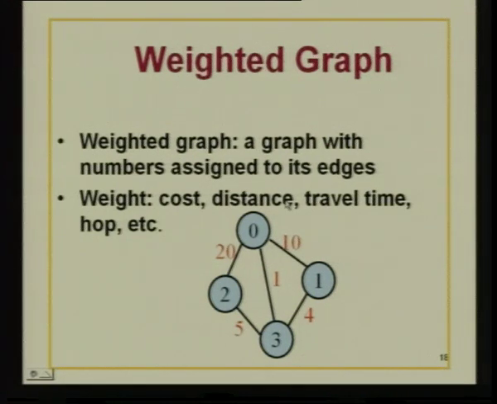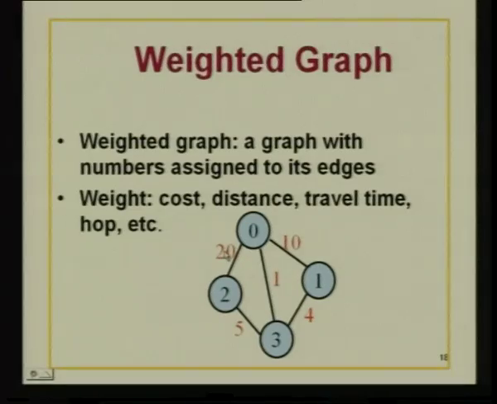Please note, cost and distance need not be directly proportional, and then travel time, hops and so on. So here the weights are 20, 10, 1, 4, 5, and based on this comes the question of the shortest path or the least weight path, shortest if this is associated with distance. Normally that is how they talk about that algorithm, but it could be the shortest in terms of time, or the least in terms of cost and so on.